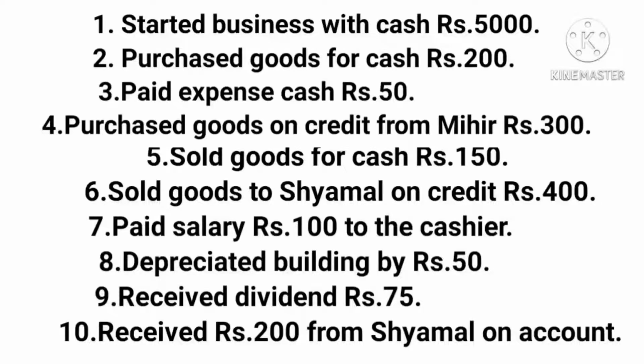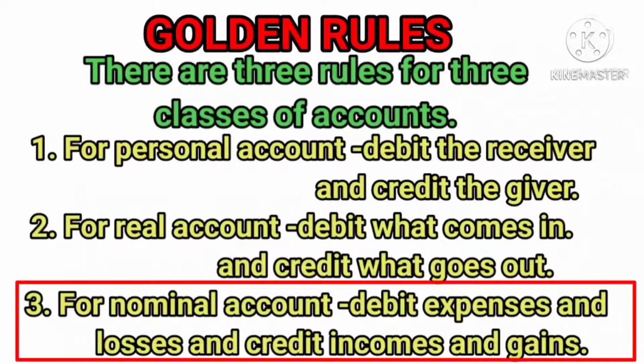Next, number 7, paid salary rupees 100 to the cashier. Here we see two aspects. One is expenses, salary, nominal account. As per golden rule, all expenses to be debited, and other aspect cash, an asset, real account.